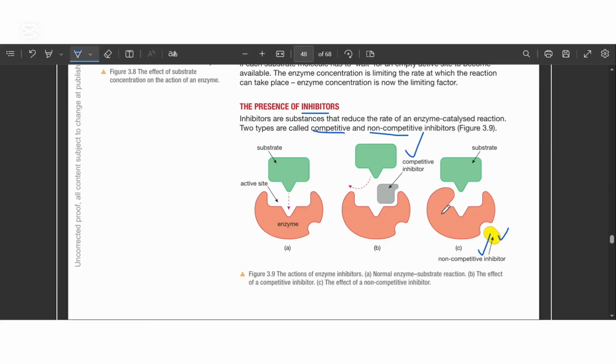All right. And there is another one, which is the non-competitive inhibitor, and the work of the non-competitive inhibitor is dangerous for the enzyme actually. This inhibitor directly tries to stop the work of the enzyme. It is going to bind to the body of the enzyme and change the shape of the active site.